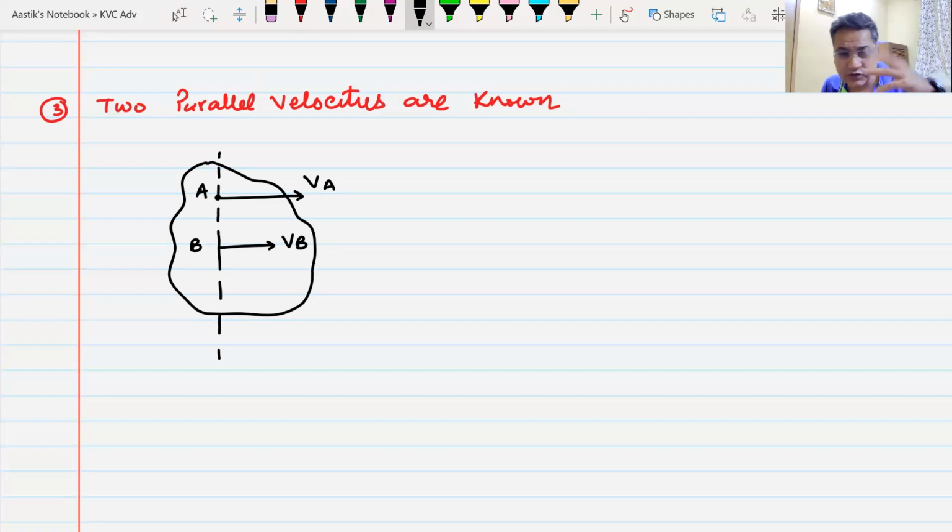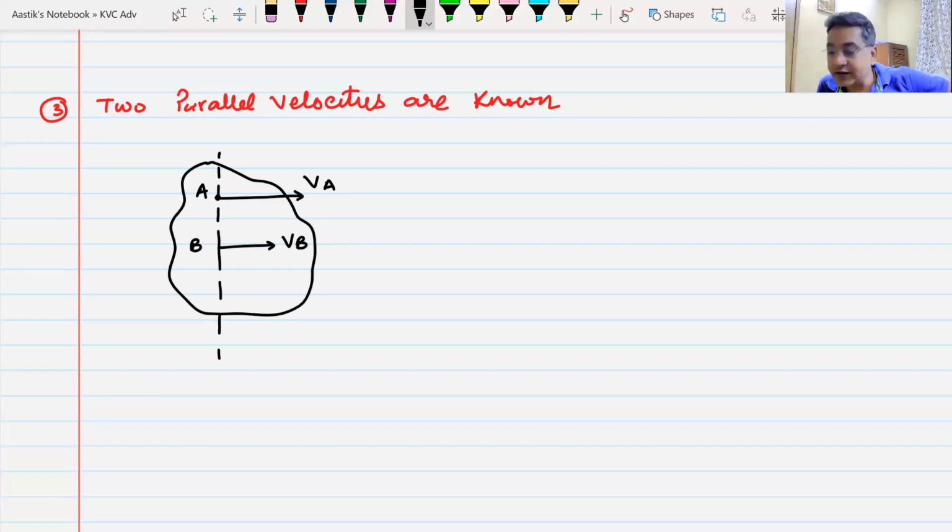One has to be more, one has to be less. If both are equal, then what will happen? Both VA and VB are equal, same in magnitude, same in direction. What type of motion will the body have?